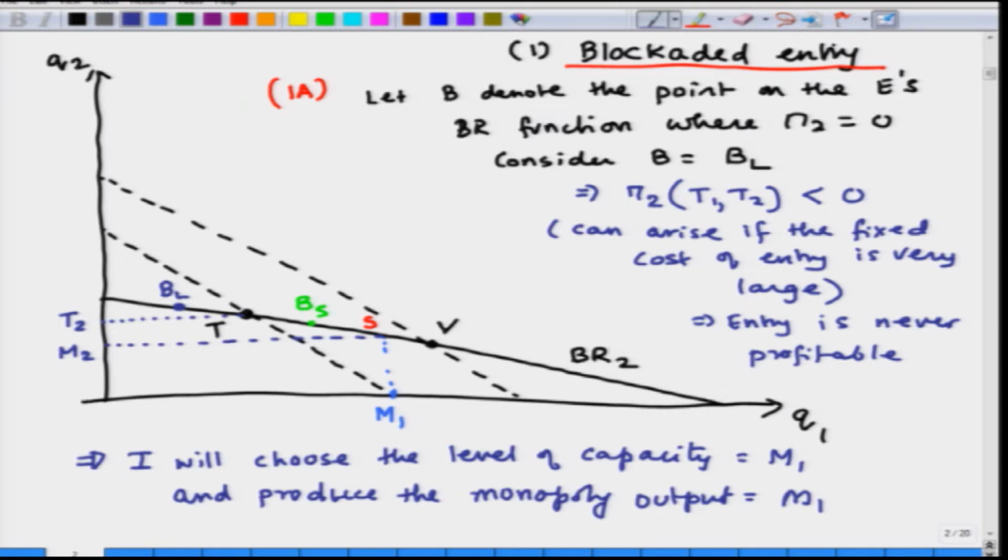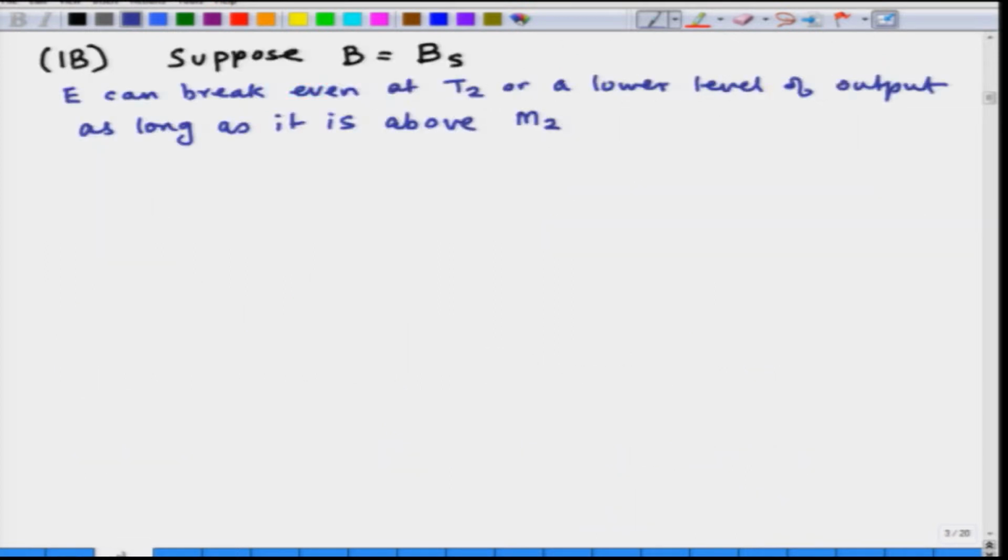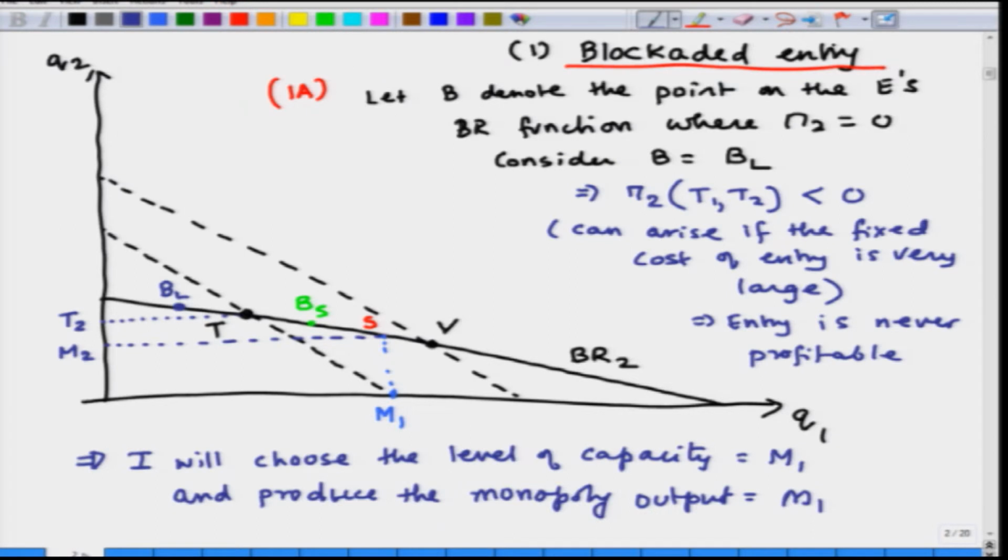So, we are saying B sub S is a point between T and S such that pi 2 becomes equal to 0. Now, even in this case, notice that the incumbent will end up choosing a level of capacity equal to M1 and will produce an output exactly equal to M1.